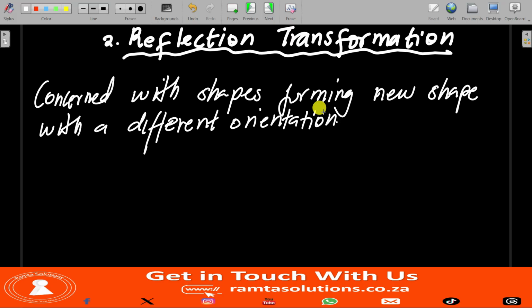So this is a reflection transformation. Of course, it is the same as rotation.